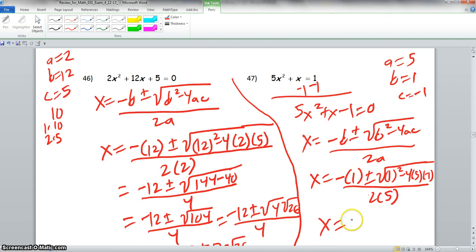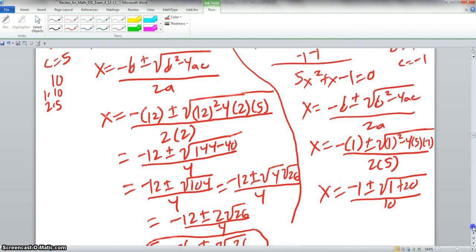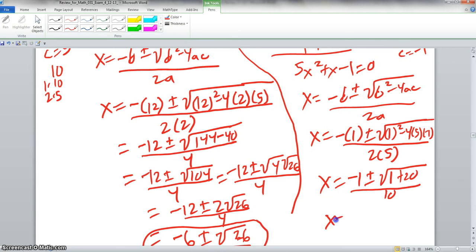So we have x is equal to negative 1 plus or minus the square root of 1 squared is 1, negative 4 times 5 is negative 20, times the negative 1 is positive 20. And that's all over 10. Now 1 plus 20 we know is 21. So we have x is equal to negative 1 plus or minus the square root of 21 over 10. And we're done.